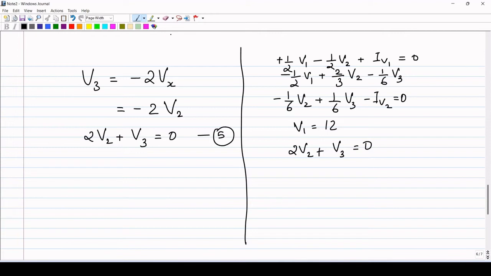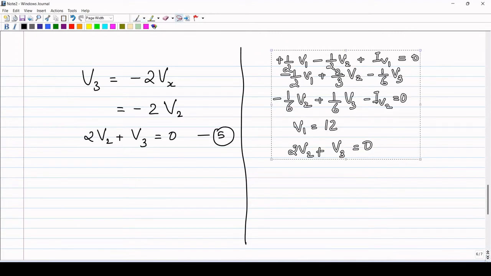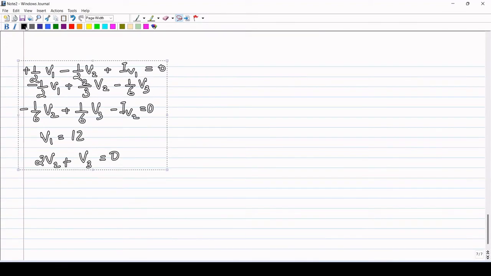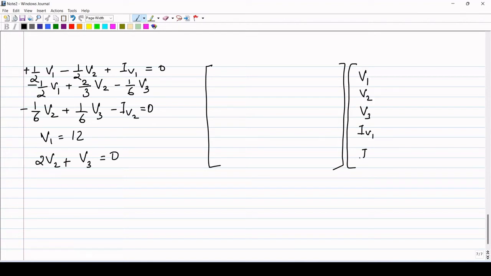So now let us write it in matrix form. So coefficient matrix multiplied by V1, V2, V3, IV1, IV2 equal to right hand side.